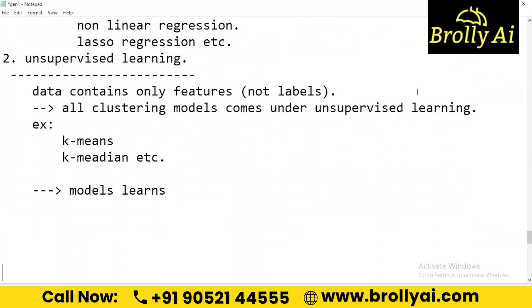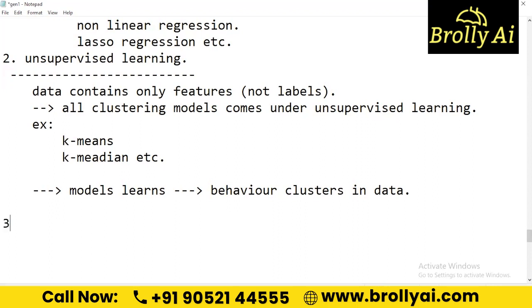Here in unsupervised learning, the model learns behavior clusters in data. Here every variable is an input variable. There is no target variable. So that kind of thing is called unsupervised.